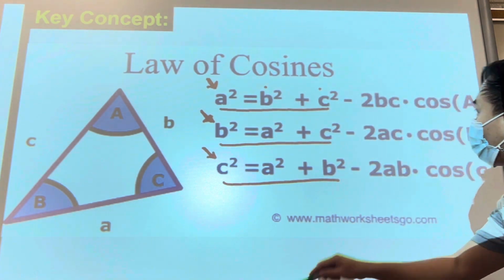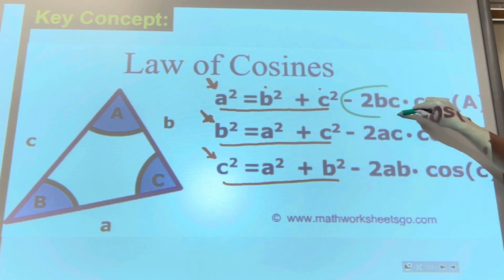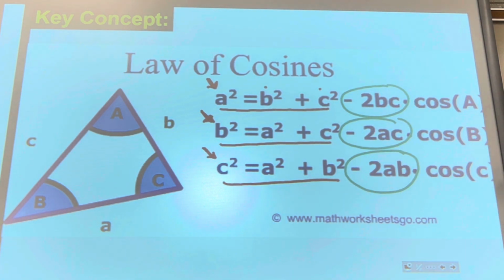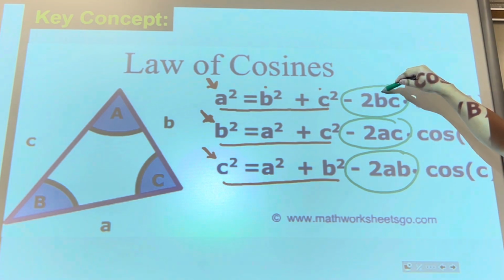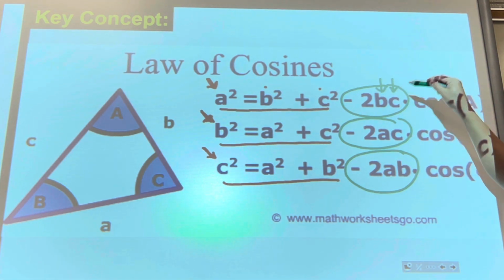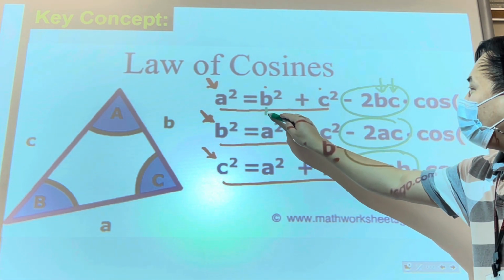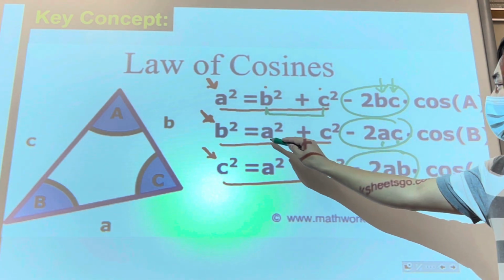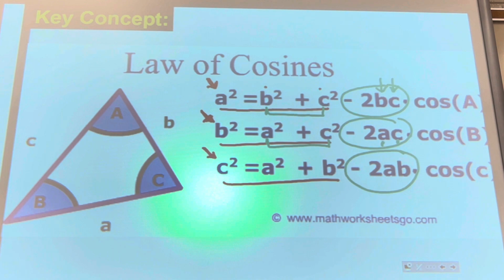And then look at this portion here. Do you see any pattern? It's always minus 2, right? Minus 2. And see the letters here, BC. AC. So you have here AC.